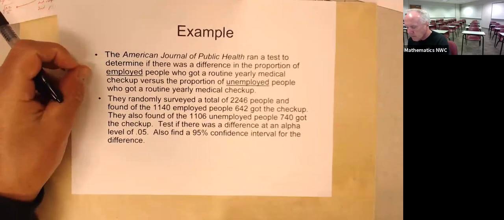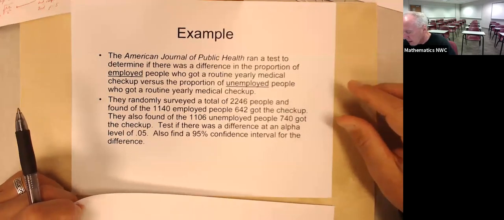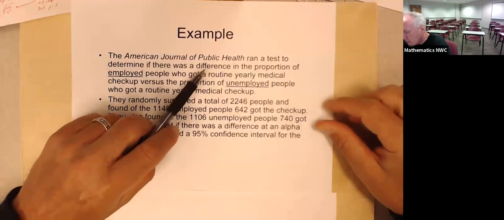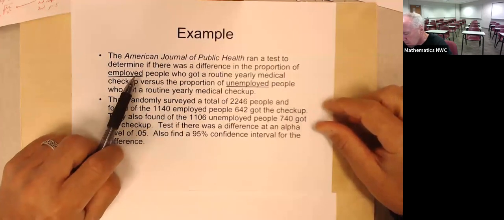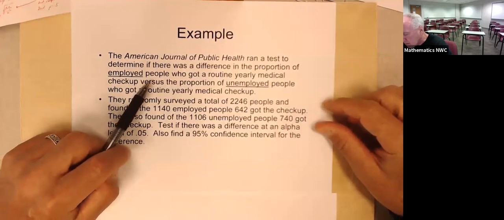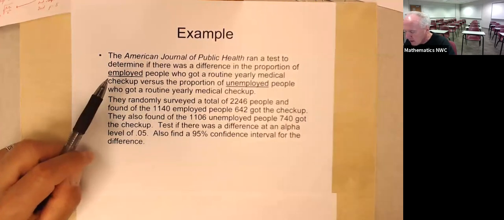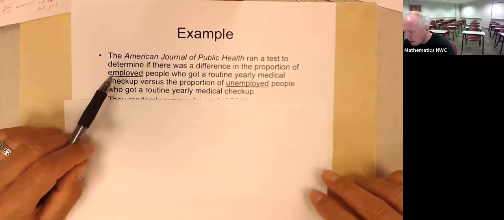Our first example. The American Journal of Public Health ran a test to determine if there was a difference in the proportion of employed people who got a routine yearly medical checkup versus the proportion of unemployed people who got a routine yearly medical checkup.